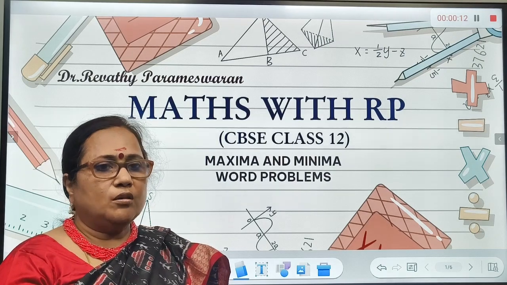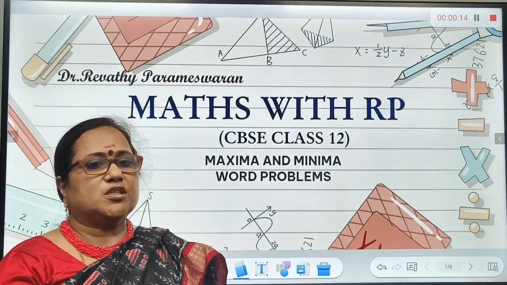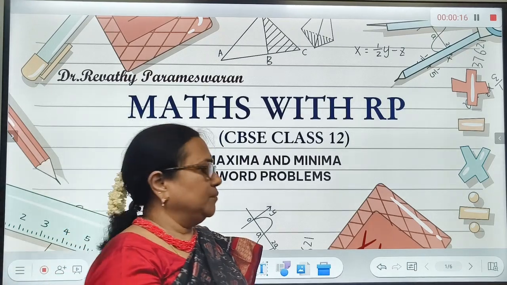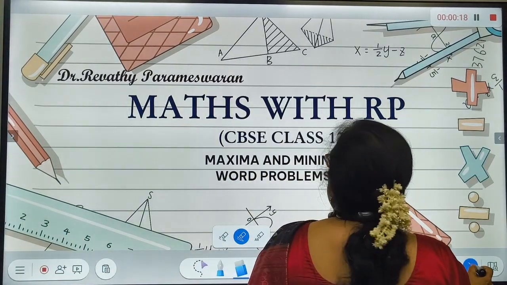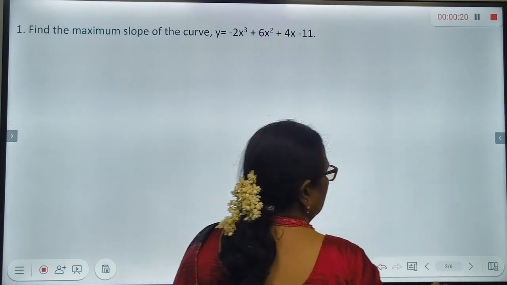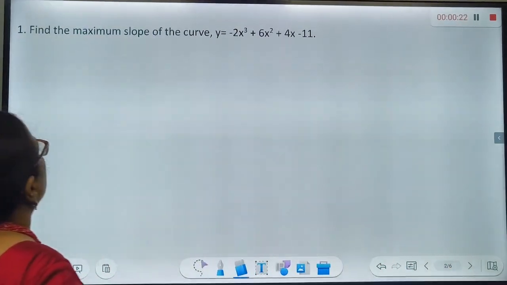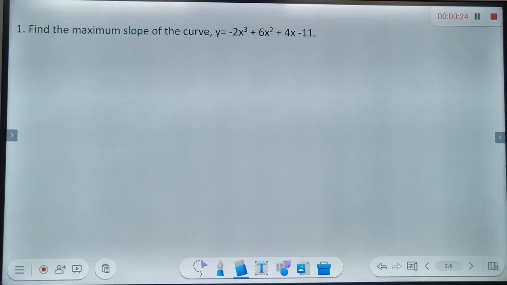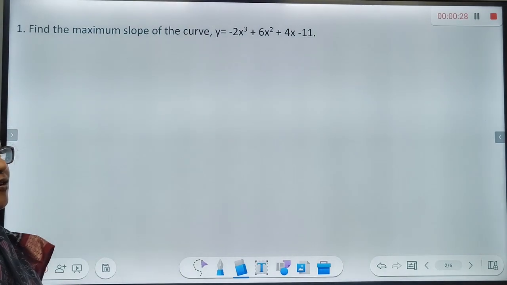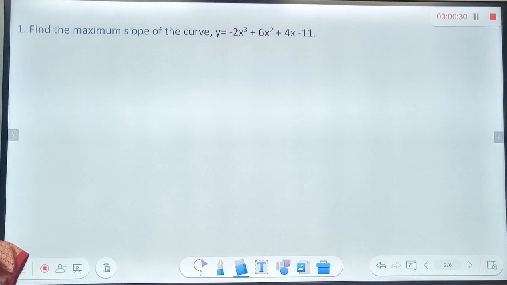Today we are going to solve word problems using the concept of maxima and minima. Now look at this problem. We want to find the maximum slope of this curve. What is the slope of this curve?